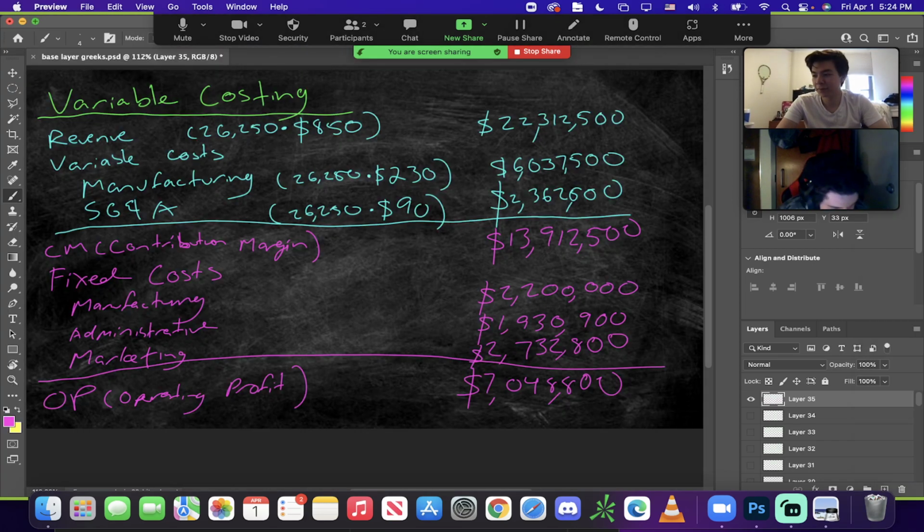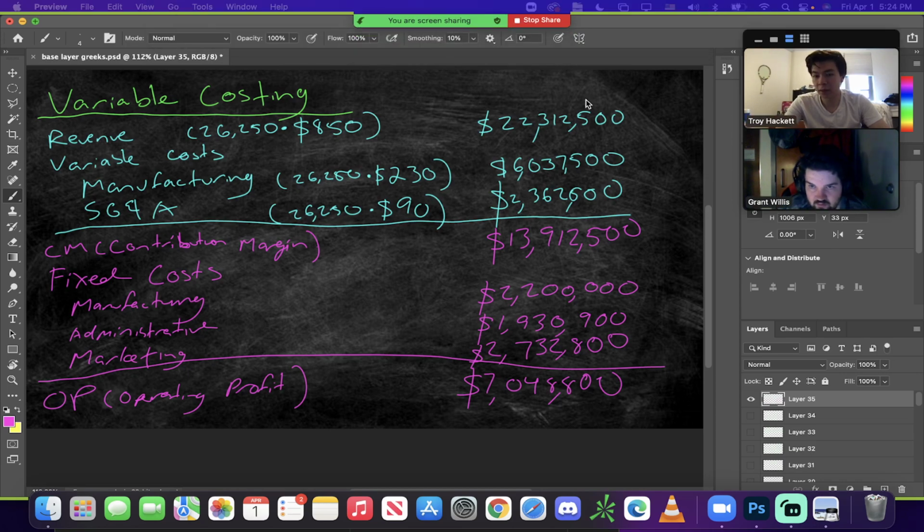Would it be 7,048,800? Uh-huh. So that's pretty much it for variable costing. Pretty simple. Any questions about that?